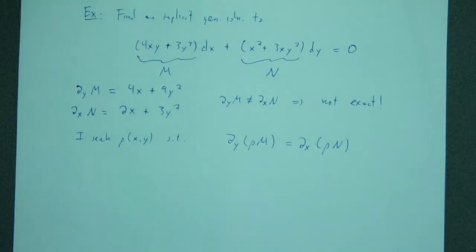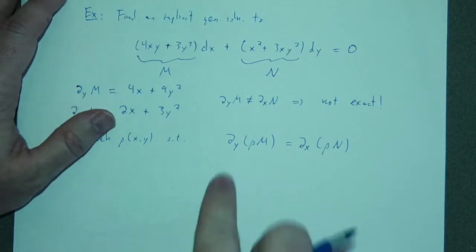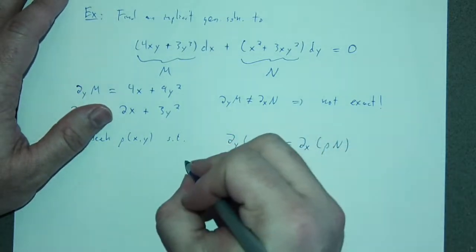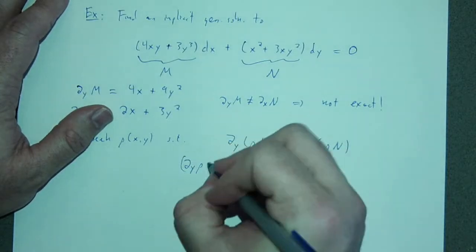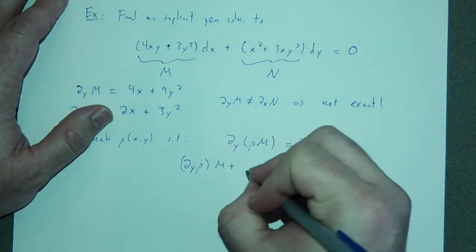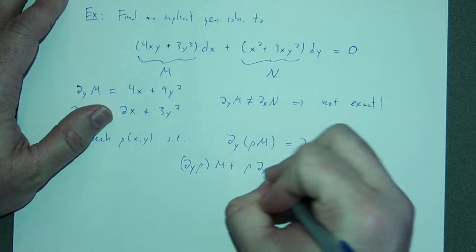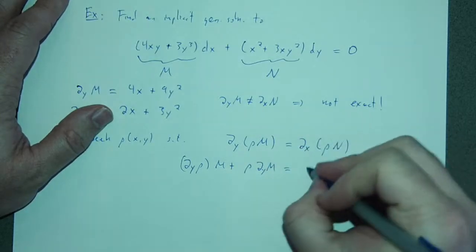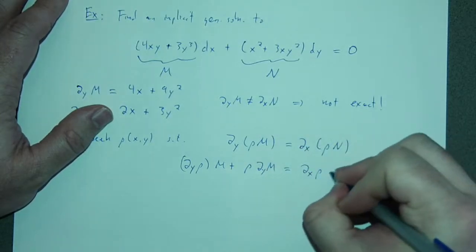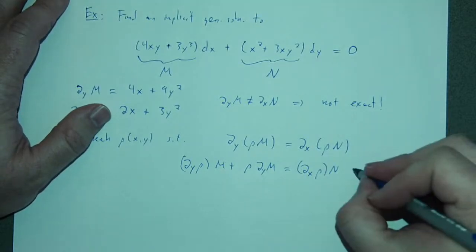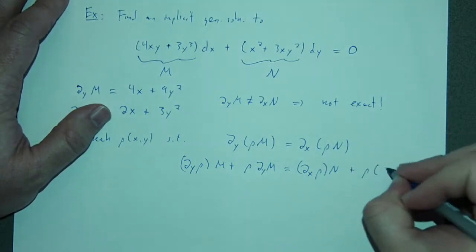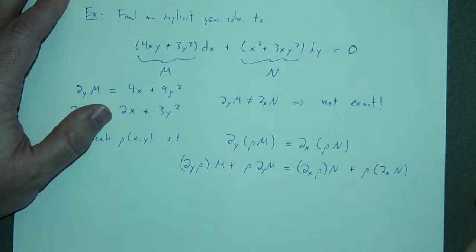So let's do exactly the thing we always do. Let's write this out using the product rule. So this is the y partial of rho times M plus rho times the y partial of M, and that's equal to the x partial of rho times N plus rho times the x partial of N.